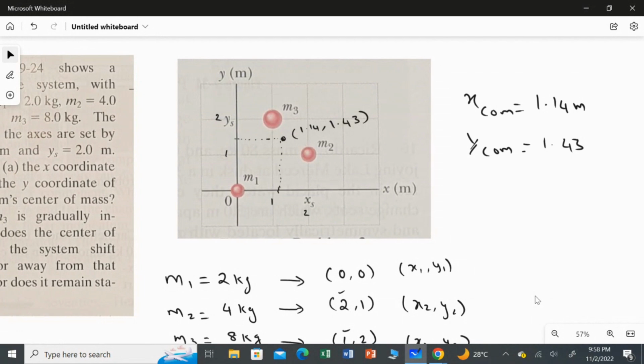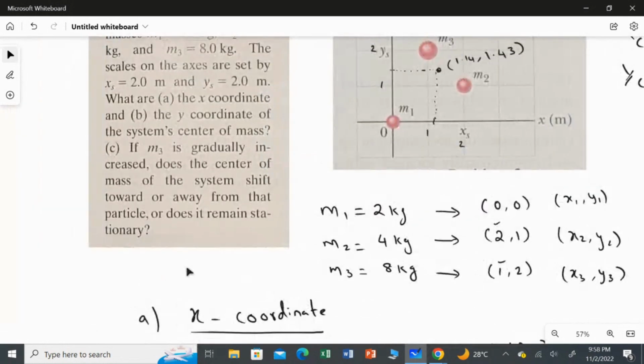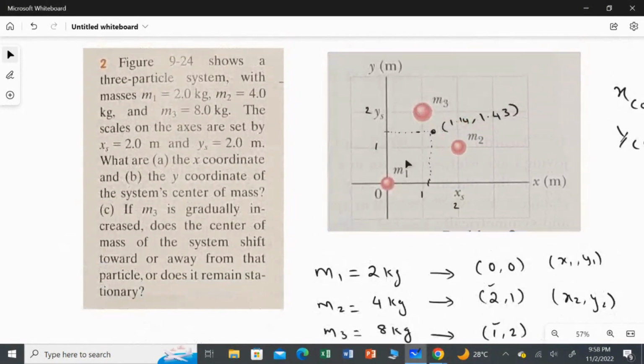Okay. Now we have to answer the third part, which is our theoretical part. You have to read the question carefully. If M3 is gradually increased, you can see the size of the masses. M1 and M2 are smaller, but M3 is a little bit bigger. So what is given in the third part: suppose M3 is gradually increased, that means the third particle mass is increased, does the center of mass of the system shift towards M3, away from M3, or remain stationary?